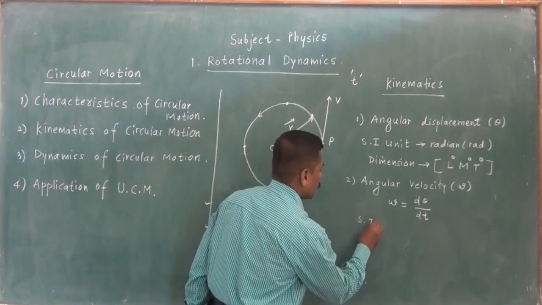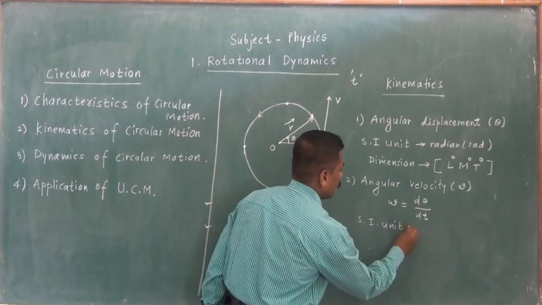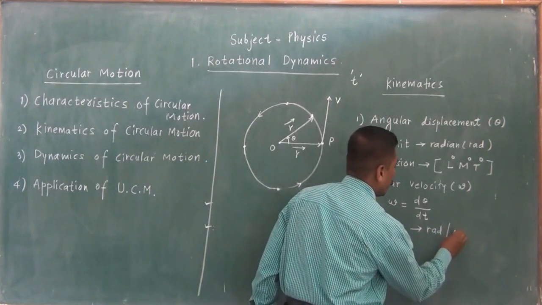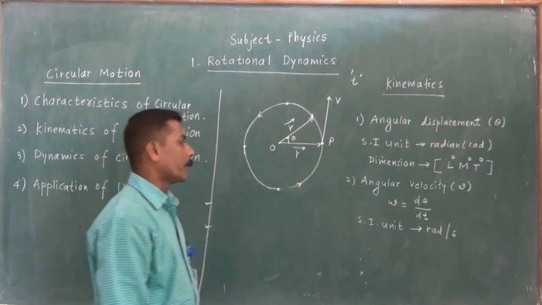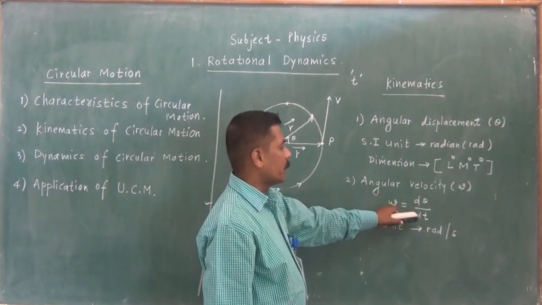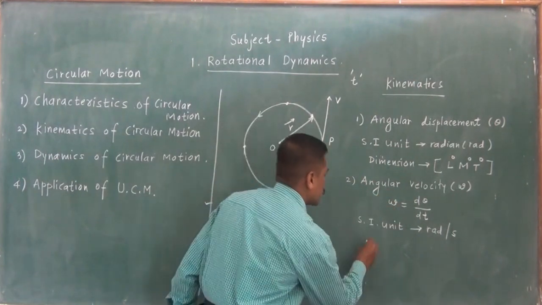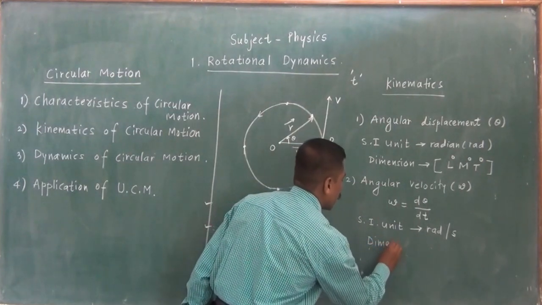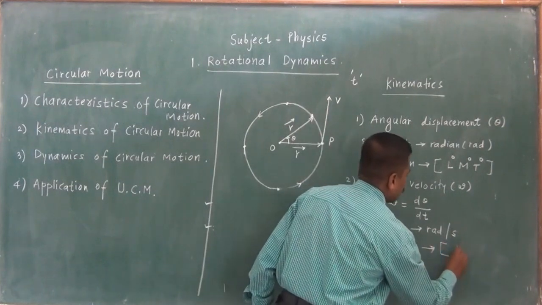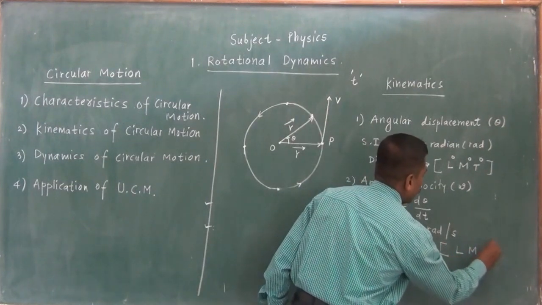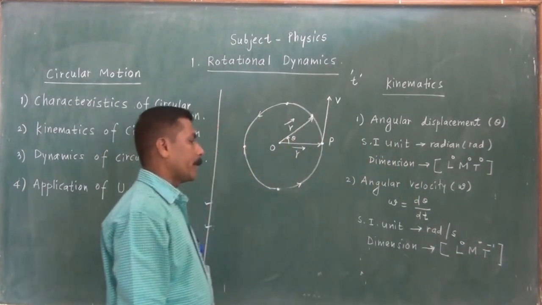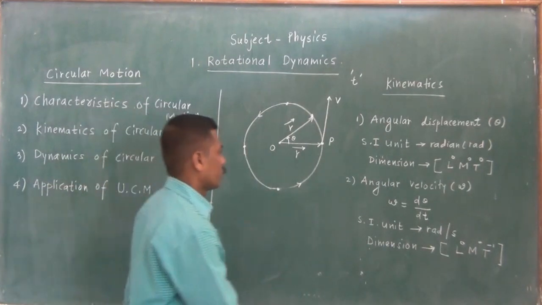Similarly, the SI unit is radian per second, because it is the ratio of angular displacement divided by time. The dimension is T raised to minus 1, and the powers of L and M are 0.